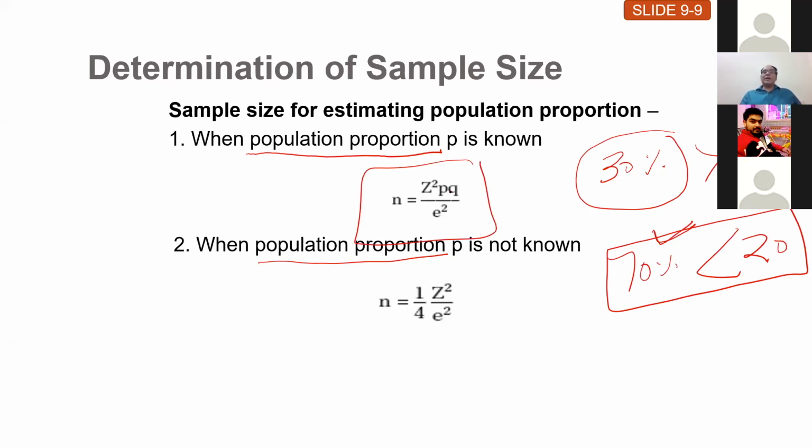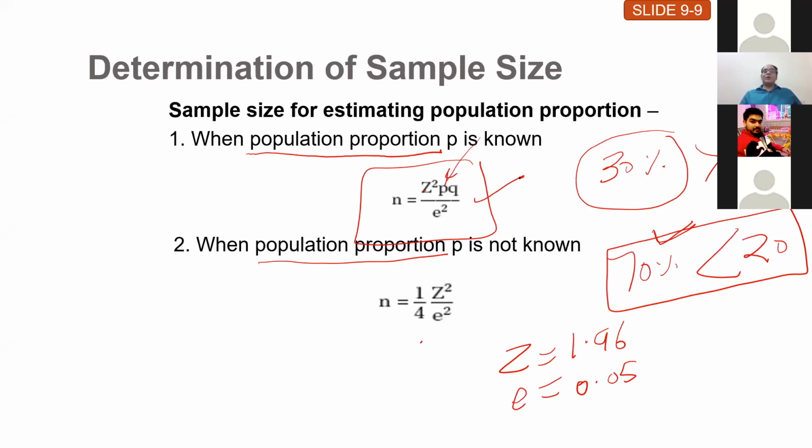The only thing again in this formula is that the Z value is constant, 1.96. Z is always 1.96 and the E value is always 0.05. Only that you know the proportion. So if you know the proportion of your respondent, you can apply this formula also.